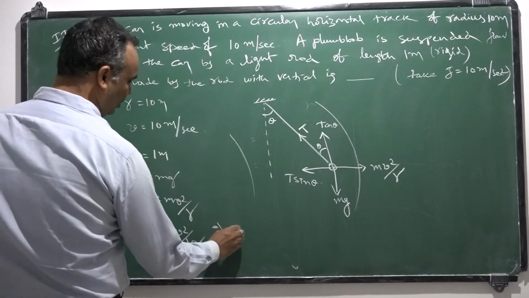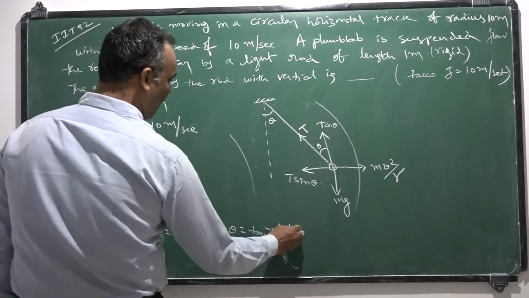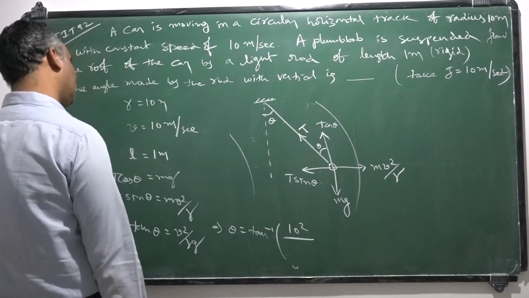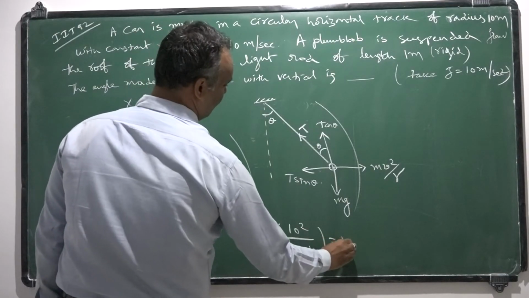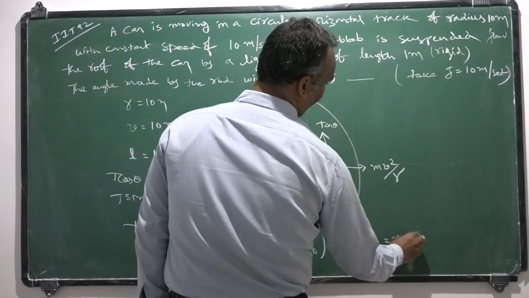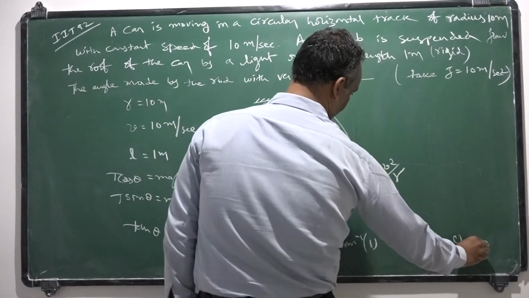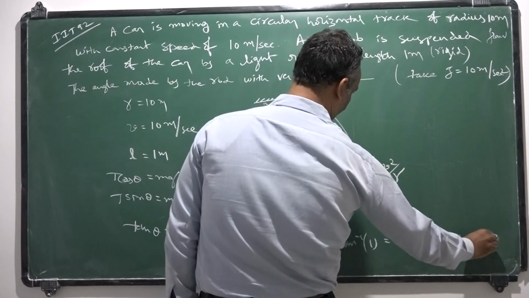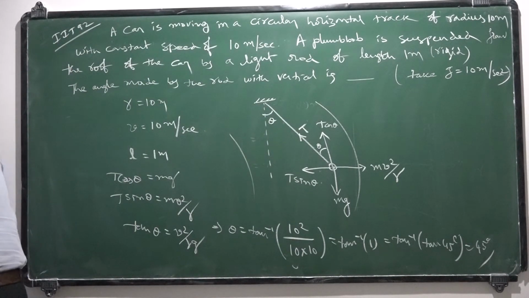That implies theta is equal to tan inverse of velocity square, 10 square, by radius 10 times g 10, which is tan inverse 1, that is tan inverse tan 45 degrees. So that is 45 degrees. 45 degrees is the angle made by the rod with the vertical as per the given question.